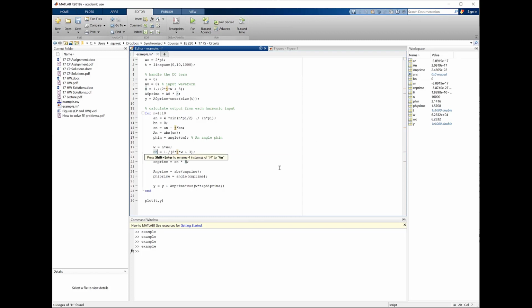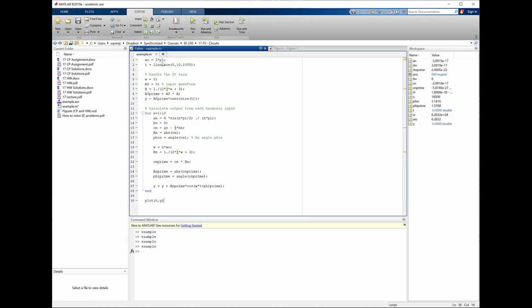So here's our output, C n prime, and then the a sub n prime portion of it is the magnitude of this. The phi sub n prime is the angle of this. And now our output is updated to include this harmonic reconstruction. And then we can plot the result.